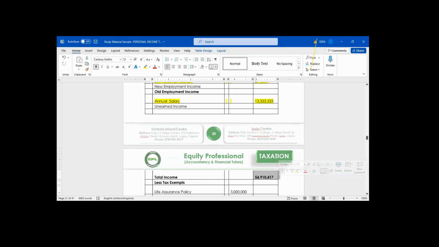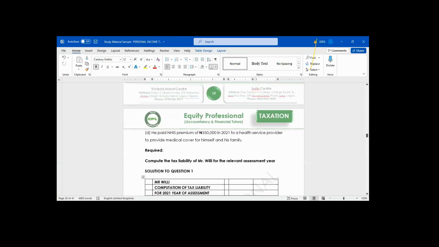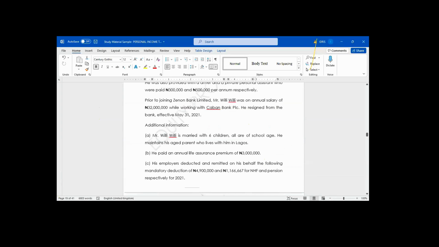After that, you will now less tax exempt. According to the format, you will less what? Tax exempt. In this question, do we have tax exempt? Who can give me 4 examples of tax exempt?